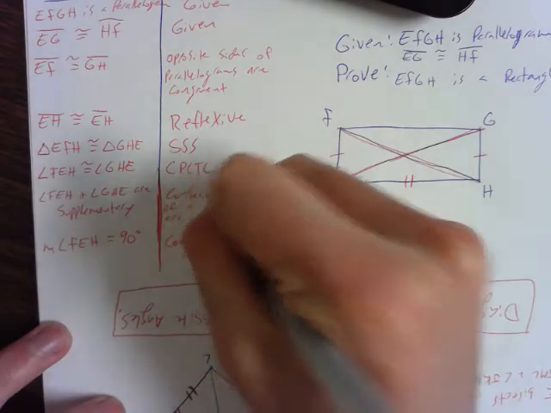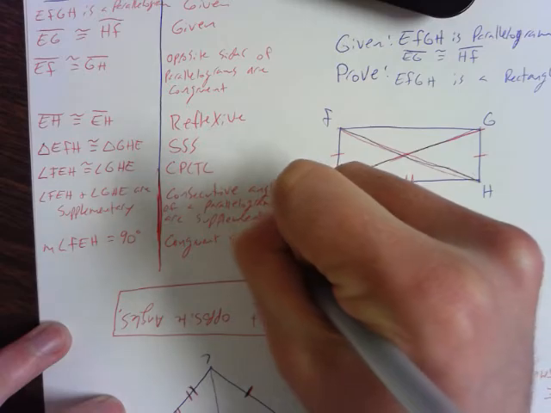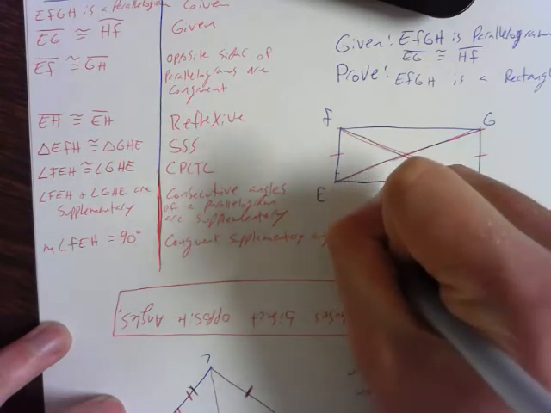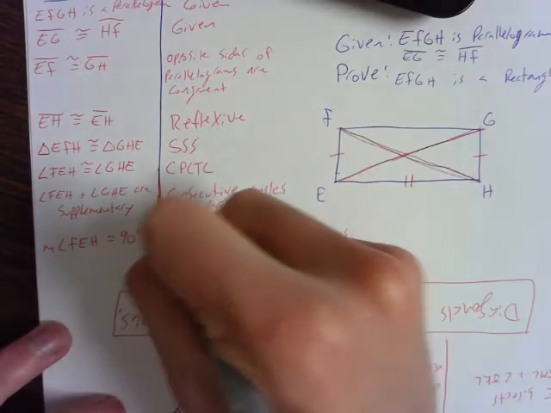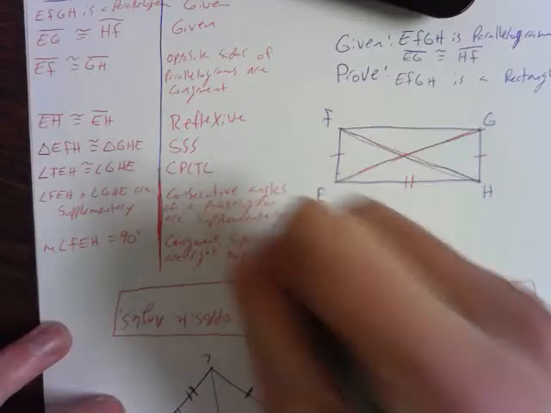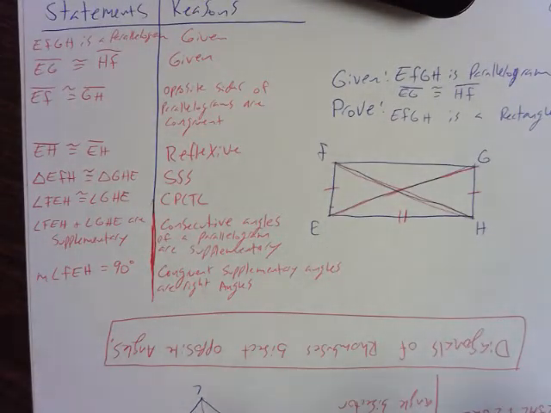So same angles that are supplementary, so congruent supplementary angles are right angles. So since they're the same and add together, they equal 180. They obviously equal 90 degrees each.